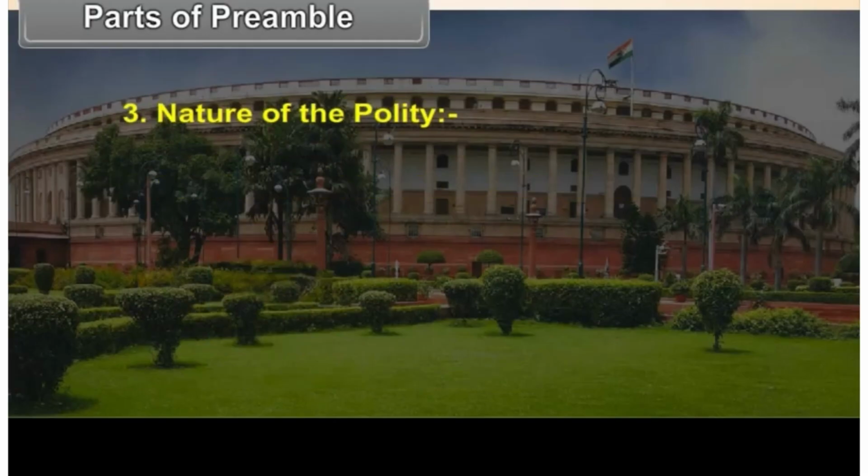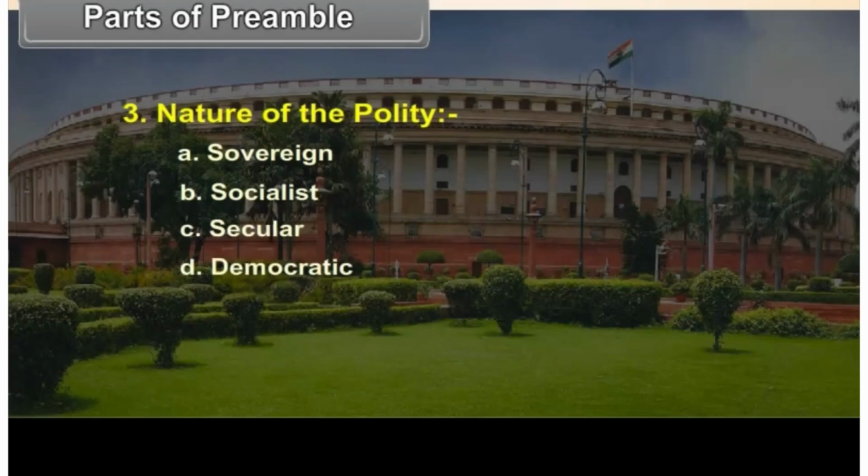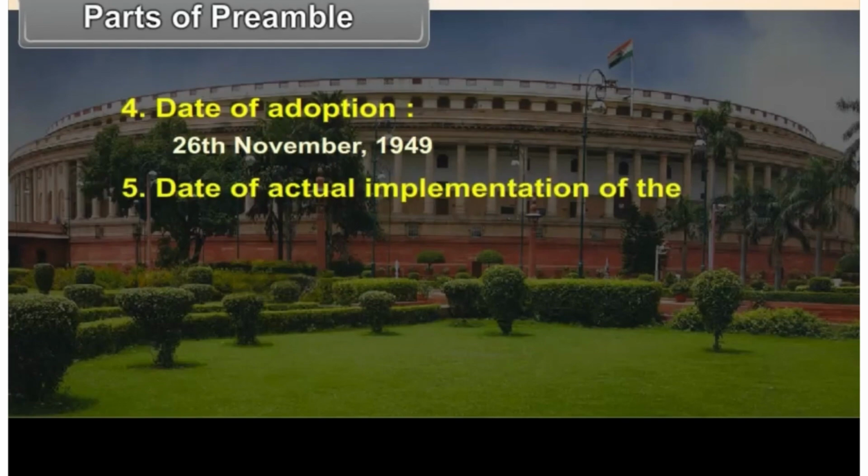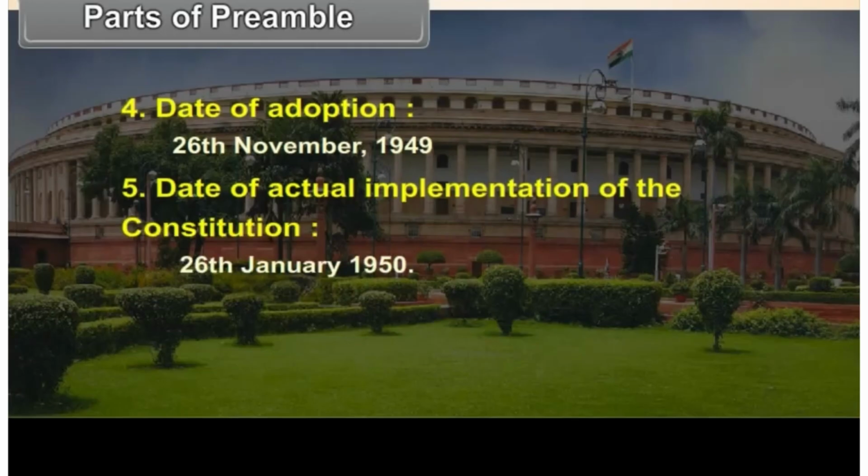Third, nature of the polity: A. Sovereign, B. Socialist, C. Secular, D. Democratic, E. Republic. Fourth, date of adoption: 26th November 1949. Fifth, date of actual implementation of the Constitution: 26th January 1950.